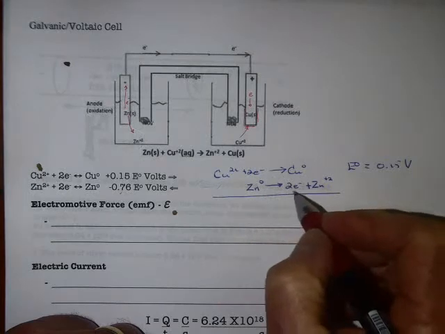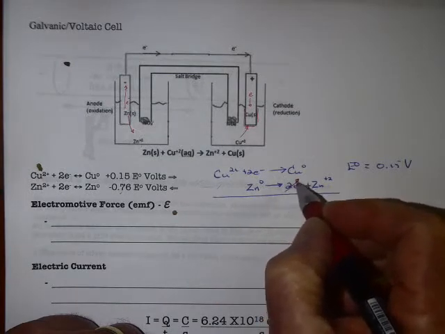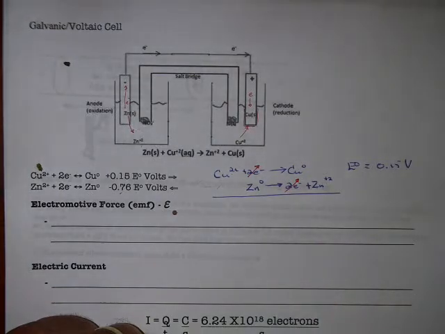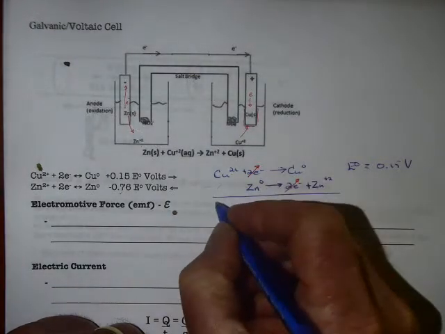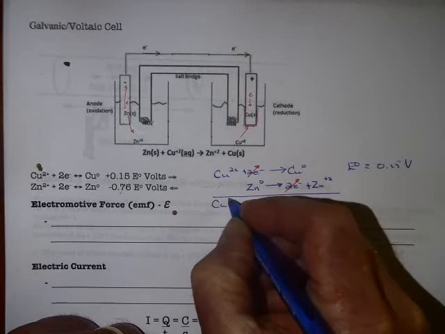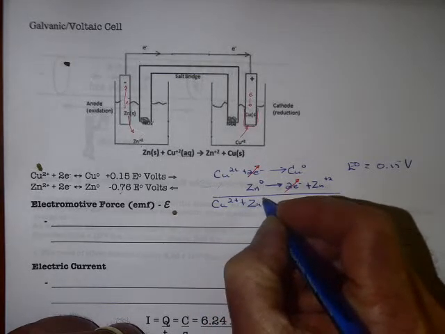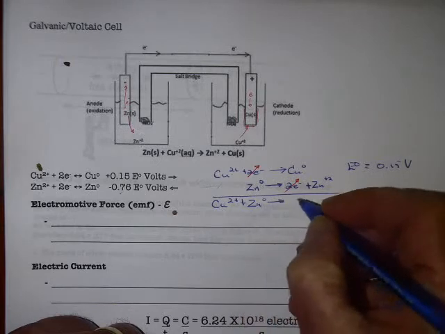the 2 electrons that were produced here are used here, so the overall reaction eliminates those 2, so the net reaction is copper 2+ ion plus zinc produces copper plus zinc 2+.